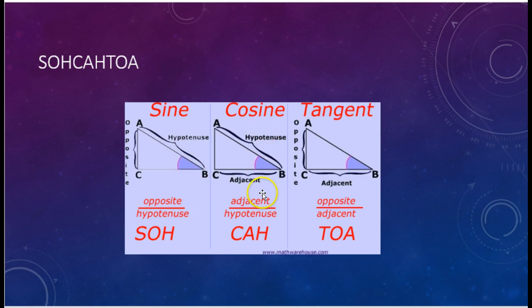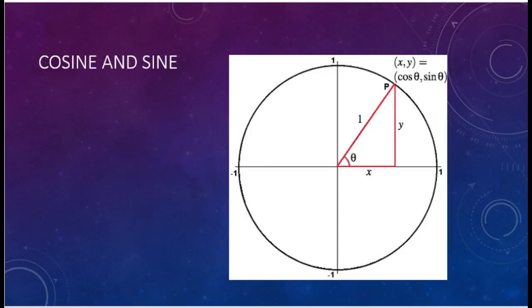For cosine, again, cosine gives us our x coordinate on the unit circle, and the hypotenuse is 1, because we're just talking about this triangle.